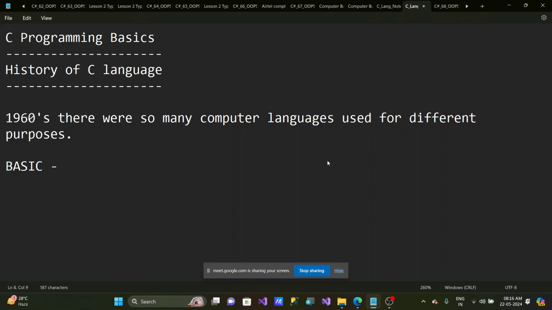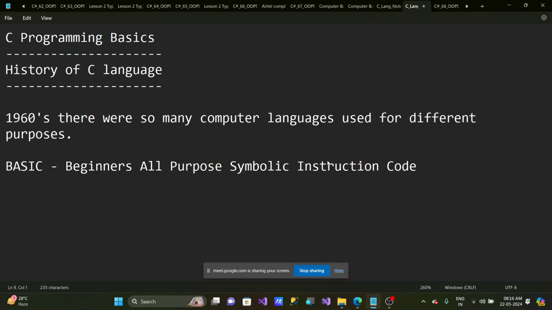BASIC is a language which is learnt by most beginners. If you want to start any computer programming language, you need to start with BASIC. Like how people are learning C language now, the same way people were learning BASIC as the first language. BASIC stands for Beginners All Purpose Symbolic Instruction Code.